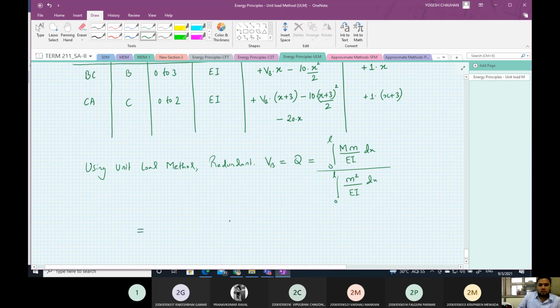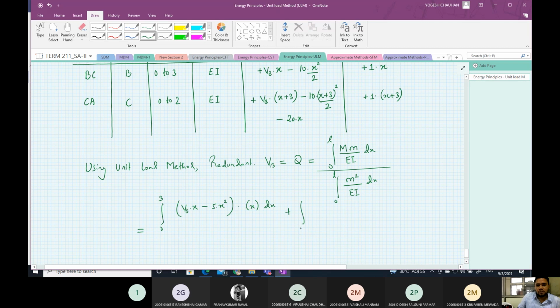So it will be integration from 0 to 3 for the first segment. Capital M is this value, VB into x minus 10 by 2, that means 5x square, into small m, which is x, dx.